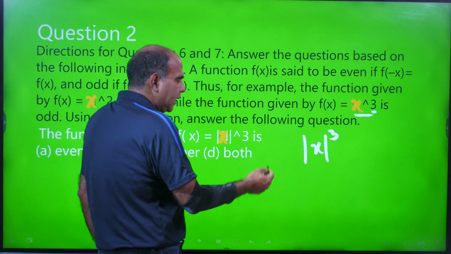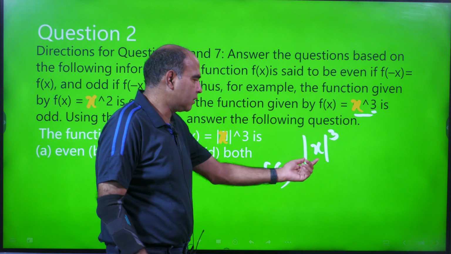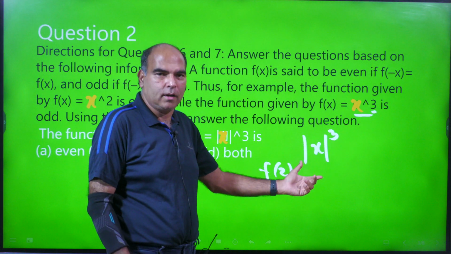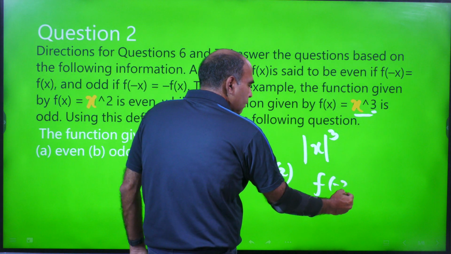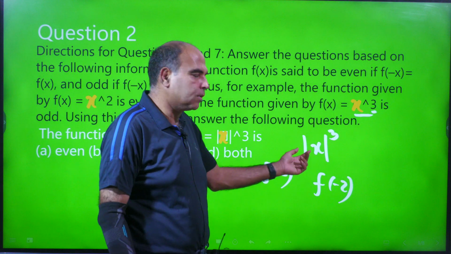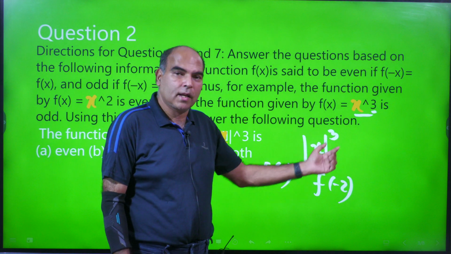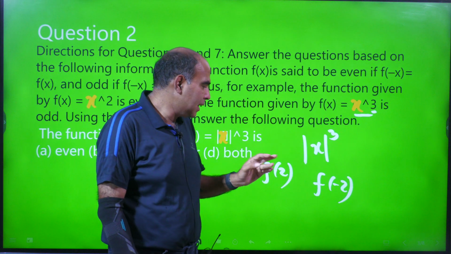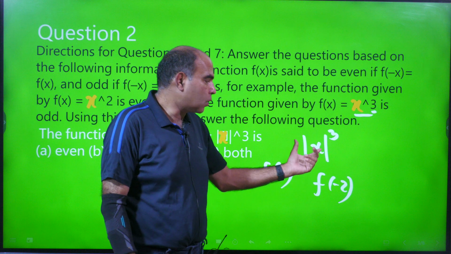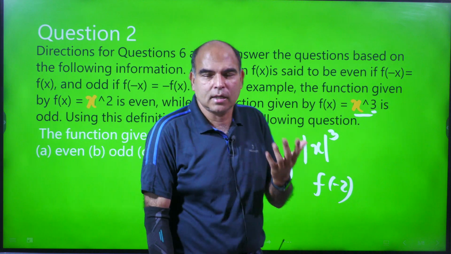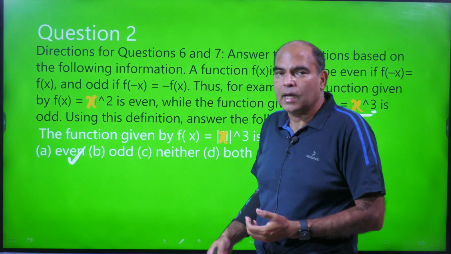So for example, if I take f(2), mod x cube will be 2 cube, which is 8. And if I take x as -2, the mod of -2 will be 2, and 2 cube will again be 8. So whether I am taking a positive value of x or a negative value of x, the outcome is the same, which is basically the definition of an even function, and that's why this is an even function.